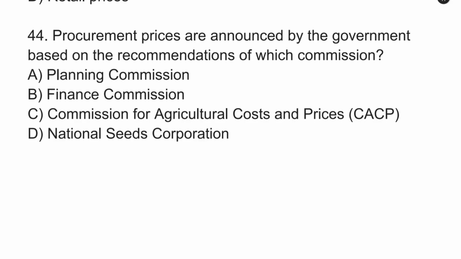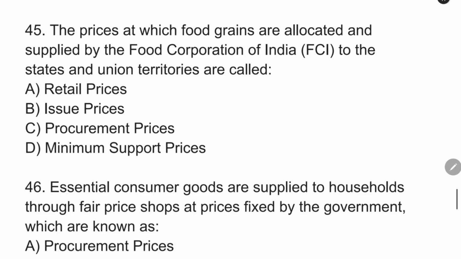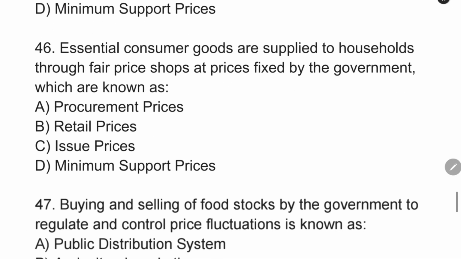Commission for Agricultural Costs and Prices. Prices at which food grains are allocated and supplied by the Food Corporation of India to the states and union territories are called issue prices.